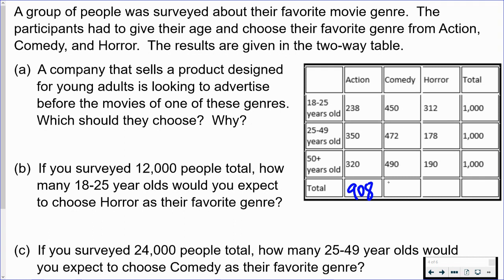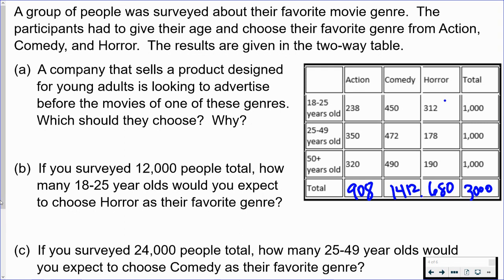We want to add these up, we'd get 1412. If we add up the horror column, these three numbers, we should get 680. And then, of course, our total numbers, that should be easy from the column over here. 1,000 three different times should give us 3,000 total. So there's 3,000 people total that were surveyed.